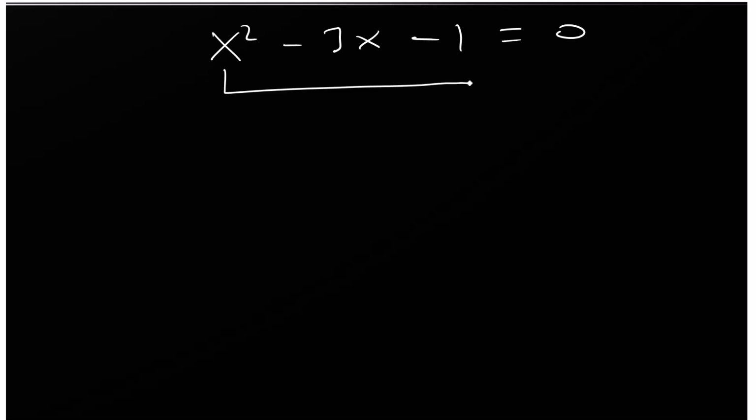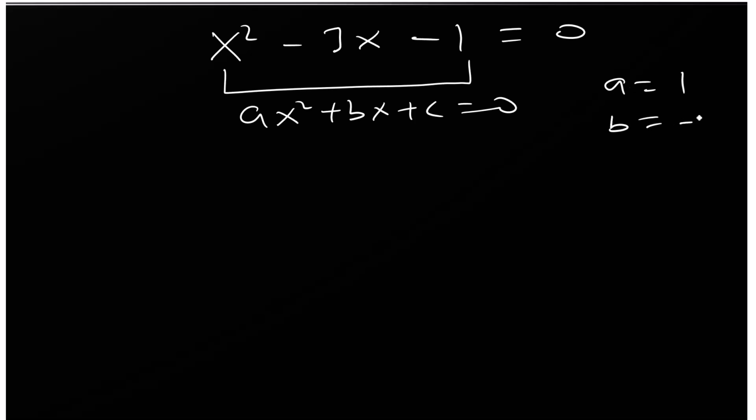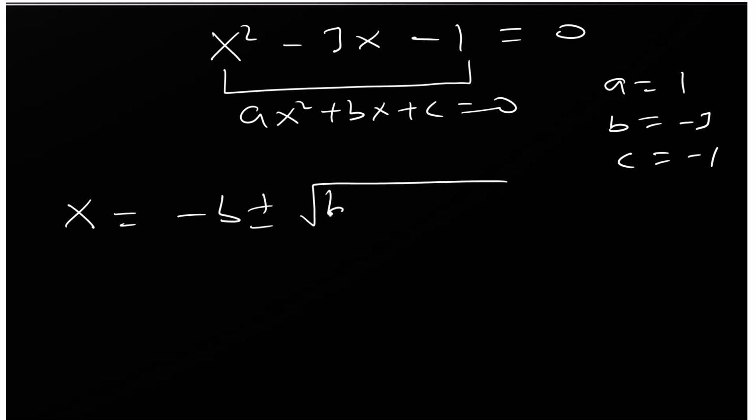Compare this one with the general quadratic equation. So a is 1, b is minus 3, c is minus 1. From here, x will be minus b plus or minus the square root of b squared minus 4ac, over 2a.